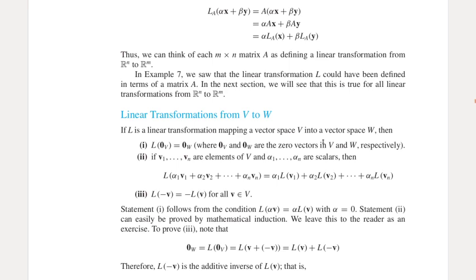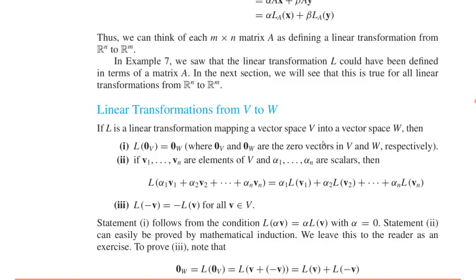All right, so now let's talk about a general linear transformation, from a vector space V to a vector space W. Now we're generalizing, because R2 and R3 are specific vector spaces that we like because they're convenient to work with, but you have other general vector spaces as well.